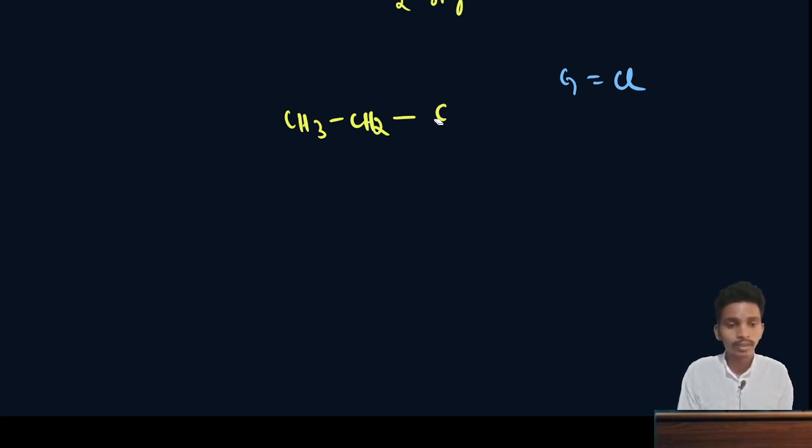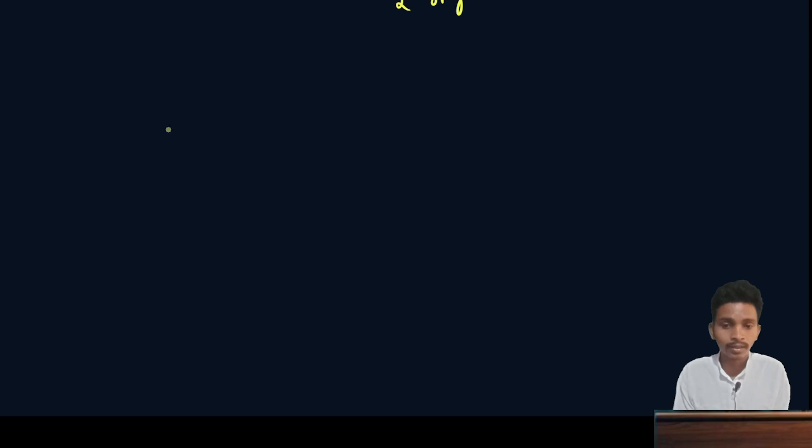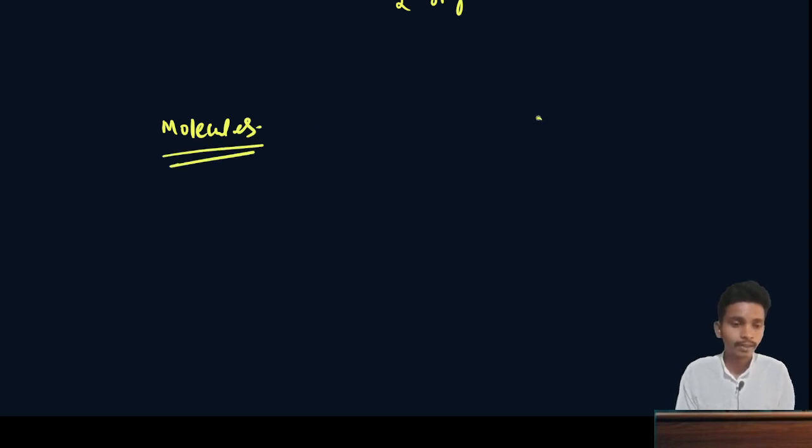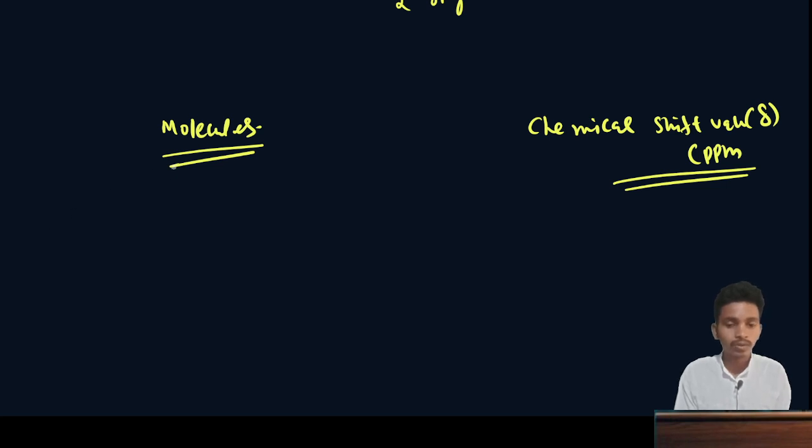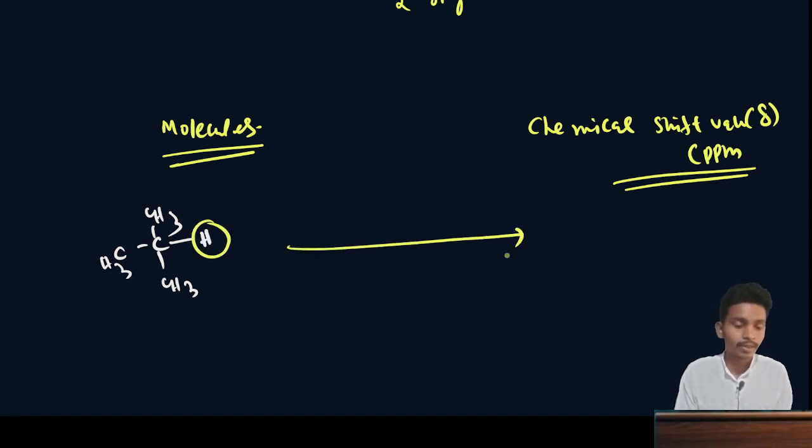Before that, let's say we have any molecule and we have the chemical shift value axis, in ppm. If we have a 3-degree carbon, with CH3 or any groups attached, and we are talking about this hydrogen, then this hydrogen will have a chemical shift value of 1.7 ppm.